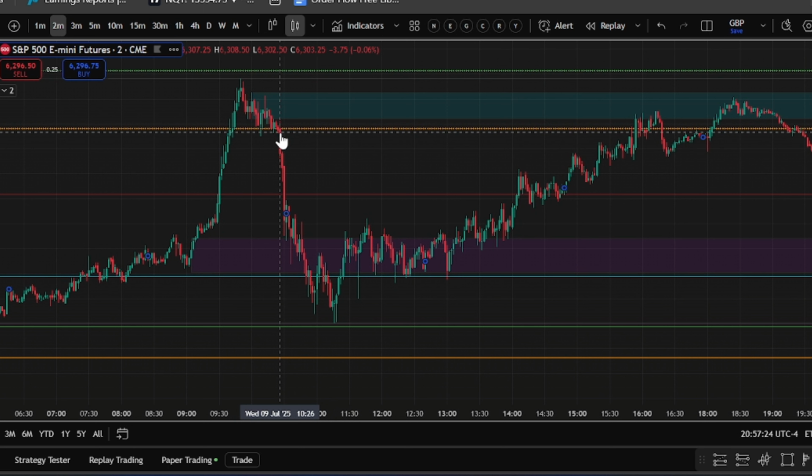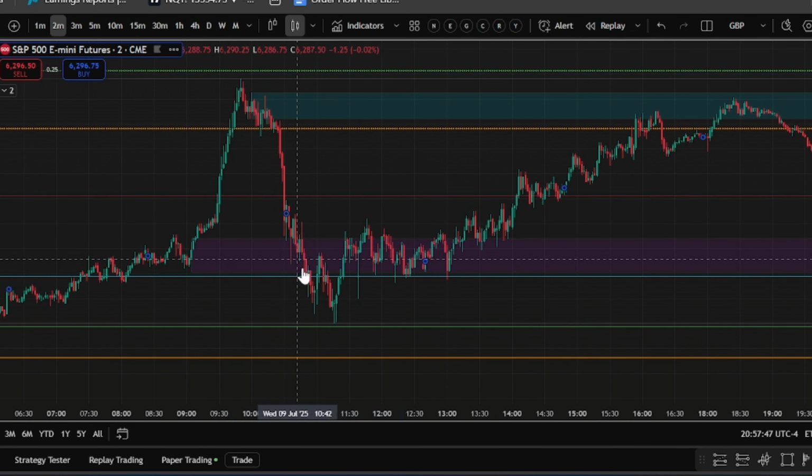As soon as the price closed below this orange level, I took the short trade, and it was a nice setup. Rejection from the level, then dropping down from the zone, and then closing below this level. I took a 2-to-1 trade here.